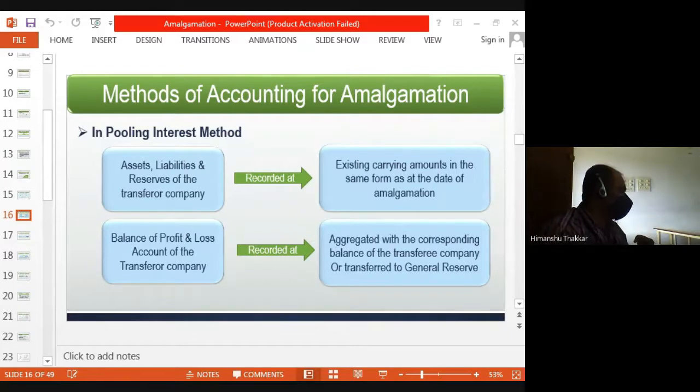This is the merger method, pooling of interest. So straight away take the assets, liabilities, and reserves of the transferor company and record them at the price that was there in the books. Clear with the first point? Yes, all of you, those who are online, getting my point?